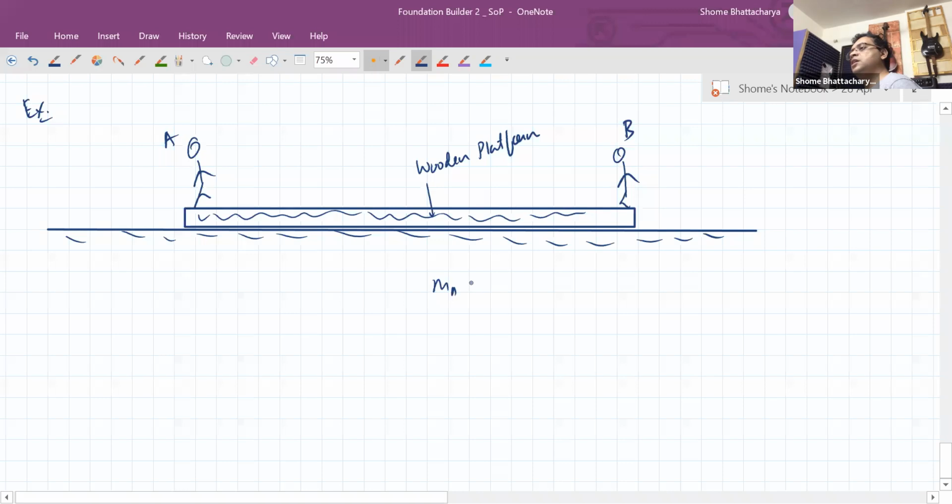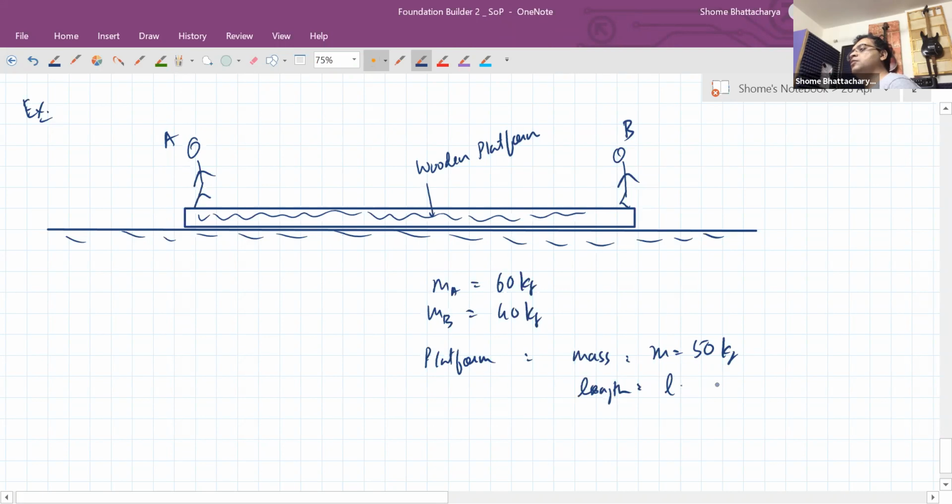So mass of the person A is 60 kilograms. The mass of the person B is 40 kilograms. And the platform has mass M equal to, let us say, 50 kgs, okay, and a length L equal to, let us say, 12 meters.